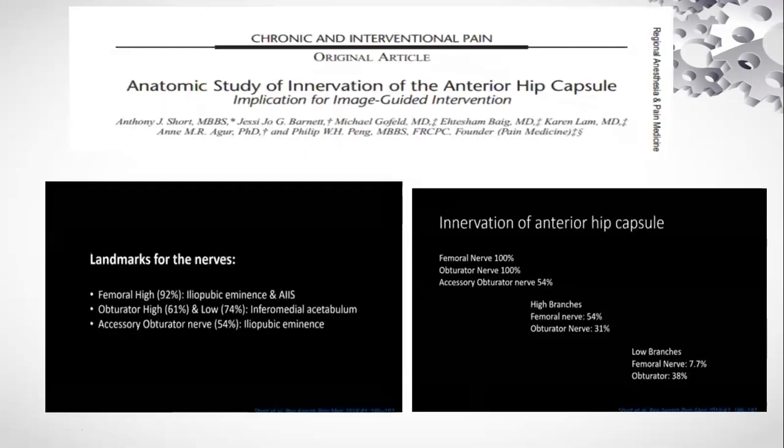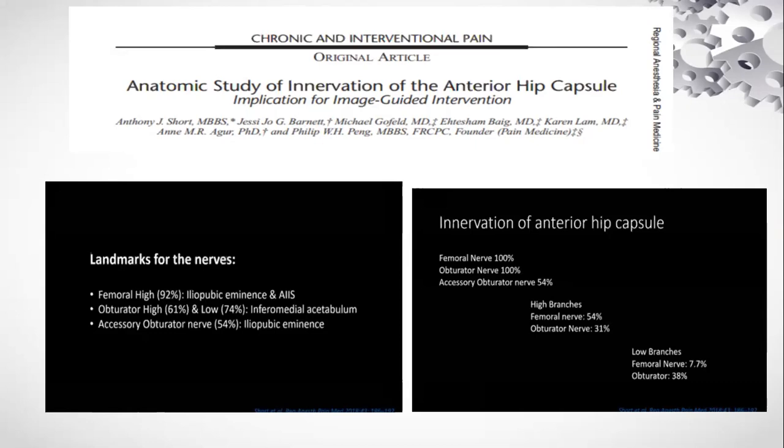Again, there has been a lot of research, a lot of papers published regarding the detailed study of the innervation of the anterior hip capsule. In particular, this study by Short et al., published in the November 2018 RAPM journal, not only explores the whole innervation of the anterior hip capsule, but also looks at it from the perspective of how helpful it would be for analgesia, seen through ultrasonography, and where we could find an optimal location for blocking these nerves.